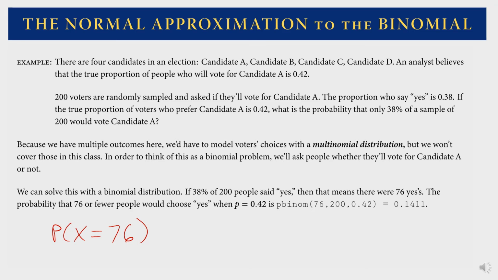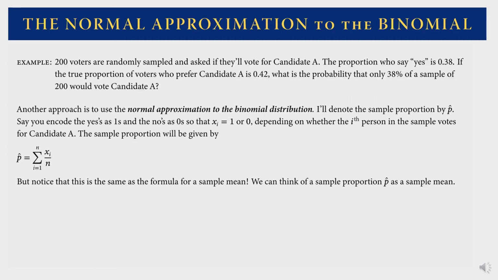A sample proportion of 0.38 suggests that it is lower, and if we got a sample of 70 out of 200, or 50 out of 200, or 20 out of 200, that would make us think the population proportion is less than 0.42 as well. That's why we look for the probability that the number of successes is less than or equal to 76. That's how we would answer the question with the binomial distribution.